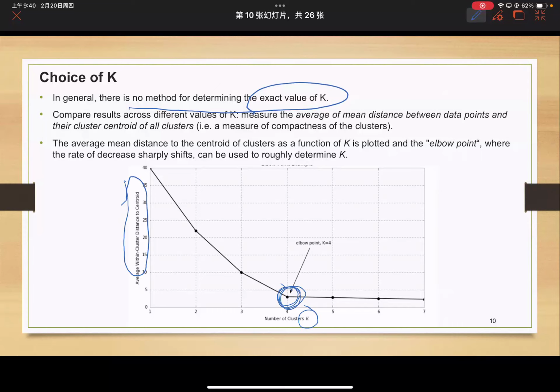It means before the elbow point, the distance will decrease very fast when we increase the number of clusters. And after the elbow point, the sum of distance will be kind of stable. So this is the elbow point. And usually we use this elbow point as the optimal k value of the k-means clustering. Okay. This is very similar to how we find the k value of k nearest neighbor.